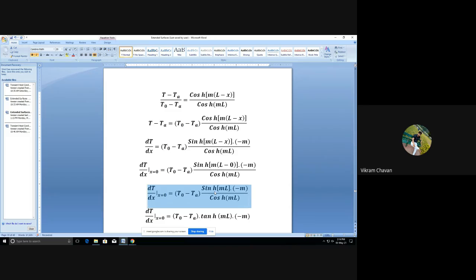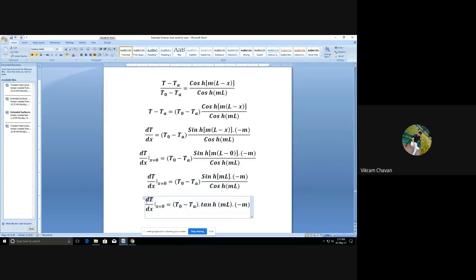Now here sinh mL divided by cosh mL, sine divided by cos, is nothing but tan. So we have replaced this with tanh mL. So we'll get dT/dx at x equal to 0 is equal to (T0 minus Ta) multiplied by tanh of mL multiplied by minus m. Okay, so that will be the value we are getting for dT/dx at x equal to 0. Replace this value in the Fourier's equation.